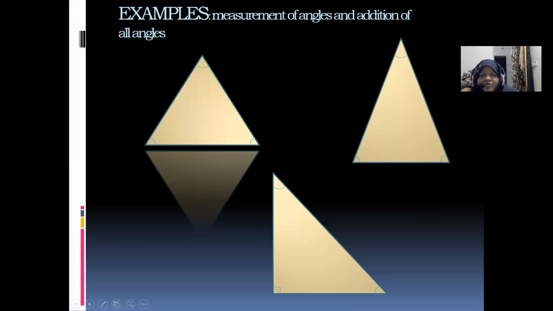Now in the field of mathematics, I am giving you the example of measurement of angles and addition of all angles. We know that this is a triangle and we have three angles in each triangle. The child observes that there are three angles and measures all three angles of each triangle. After addition of the three angles of each particular triangle, he gets one particular answer.